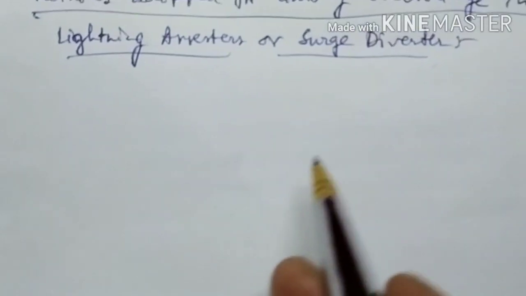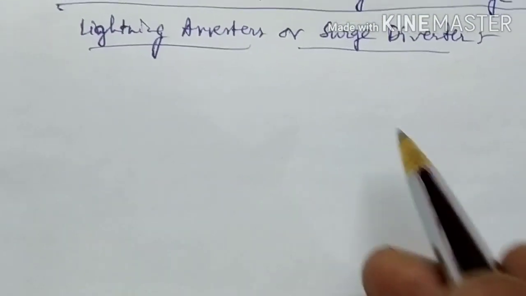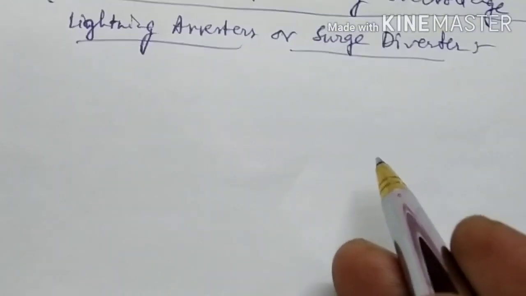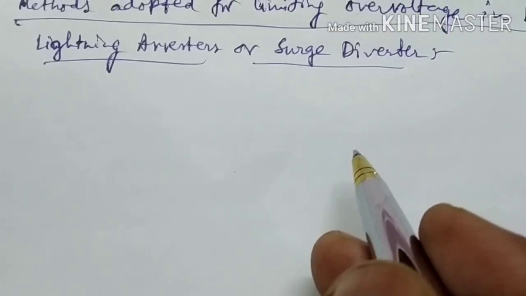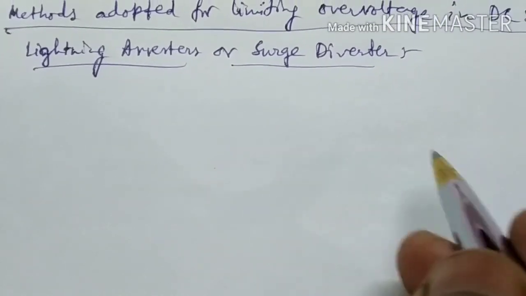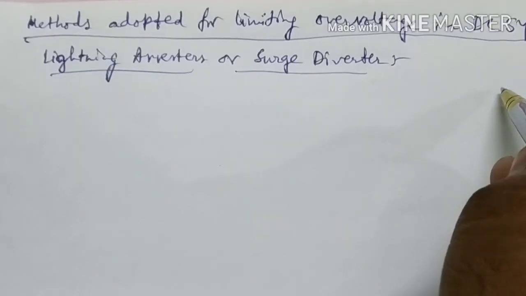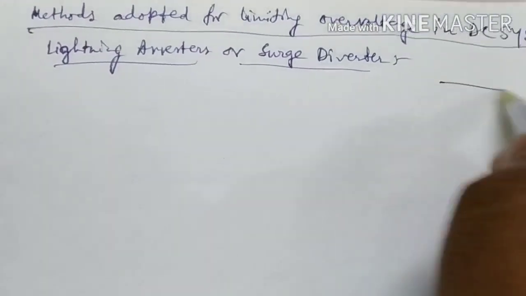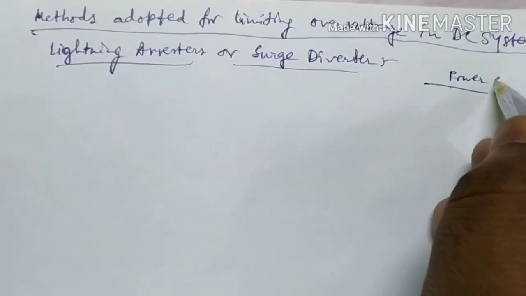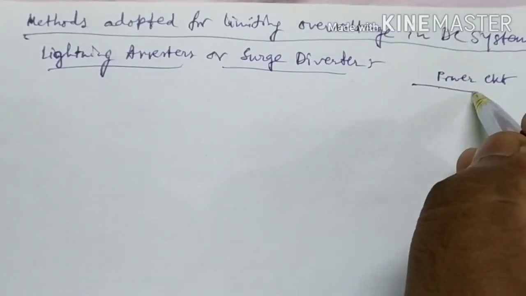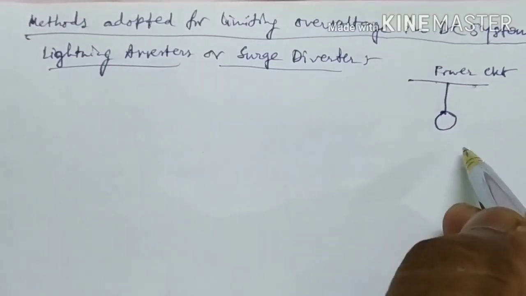It is the protective device which conducts the high voltage surge on the power system to the ground. This is like this, this is power circuit, that will be just like this.